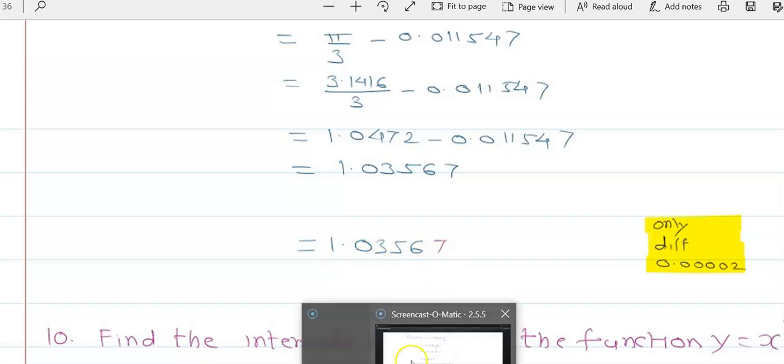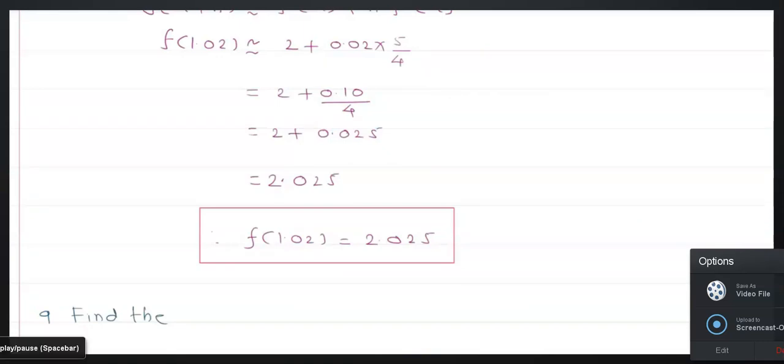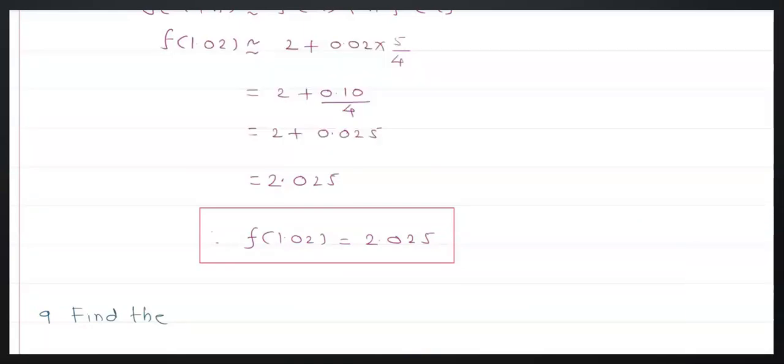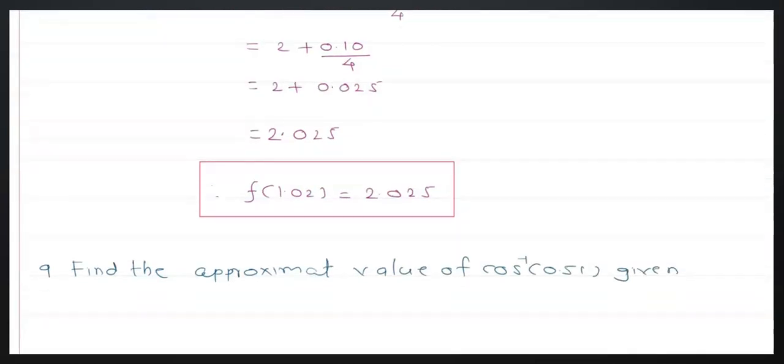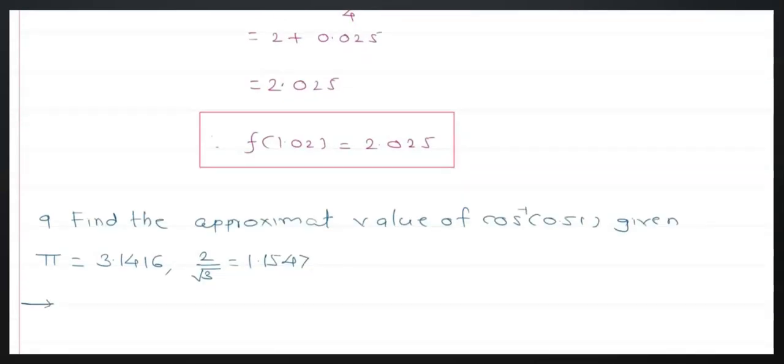Now see this again here. Find the approximate value of cos inverse of 0.51, given pi is equal to 3.1416 and the value of 2 upon root 3 is 1.1547.